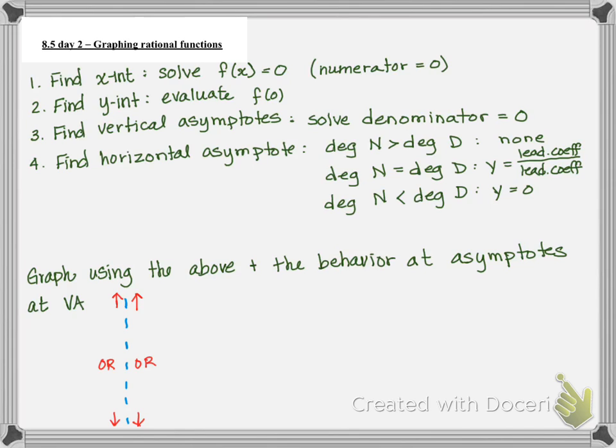And then at a horizontal asymptote, and remember this is only on the edges, on the exterior. You can't have arrows in the middle of the graph. So if I have a horizontal asymptote, then I either have an arrow here or an arrow here.